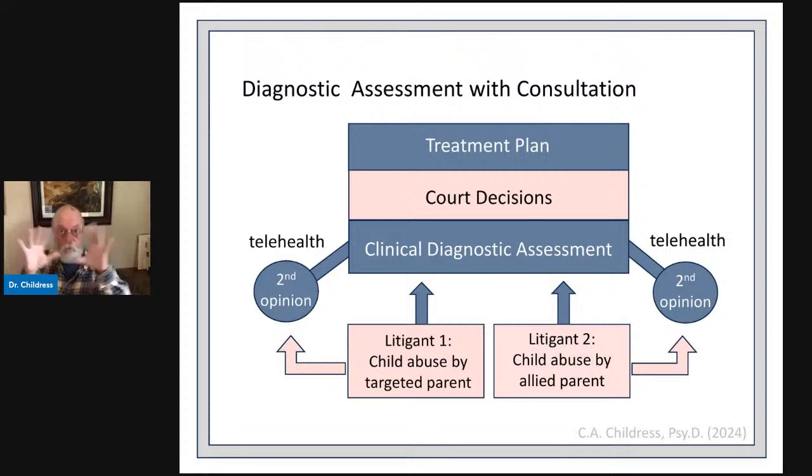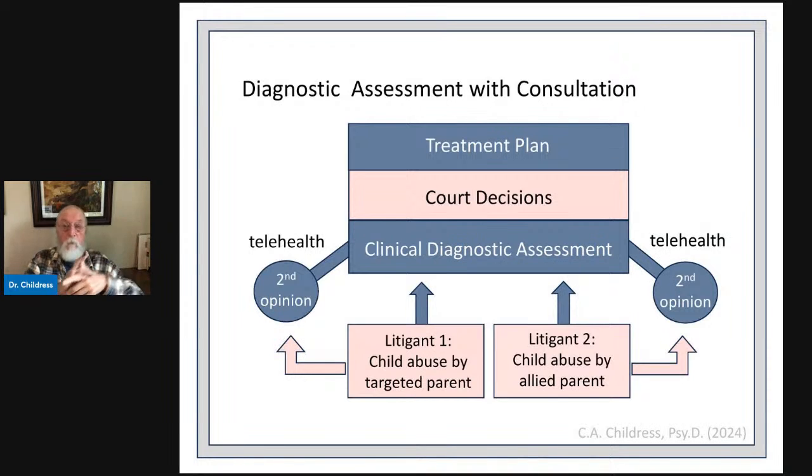And this recommendation is to everybody out there. I'm recommending this to parents: get court orders, do this. You have two litigants in the legal system. Each litigant is alleging child abuse by the other. So litigant one, the allied parent, is saying the child is being malevolently treated some way. There's child abuse by the targeted parent. That's why the child doesn't want to be with them.